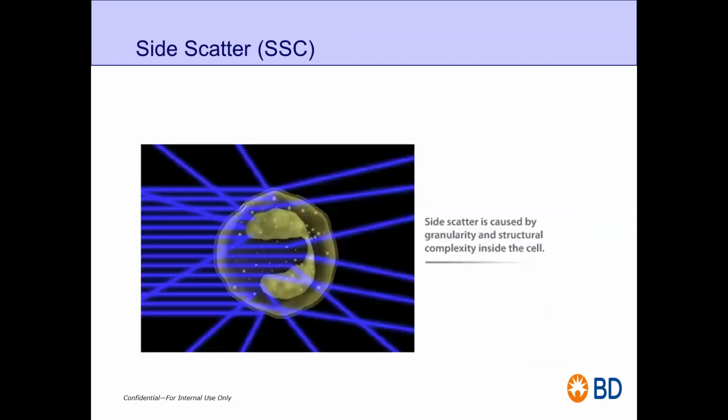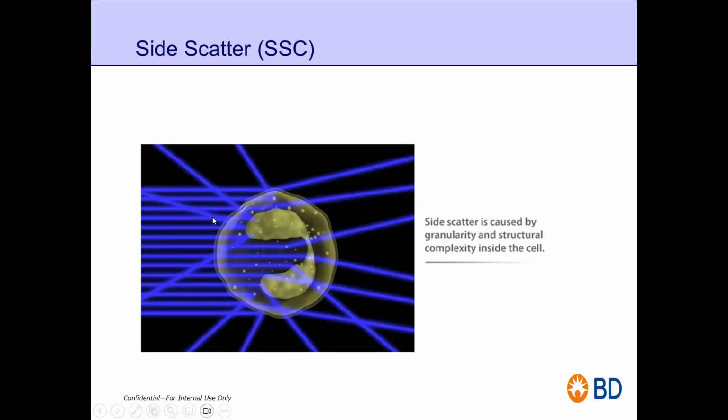Then let's go to the side scatter. Side scatter works on reflection and refraction. It tells you the granularity, as I have mentioned before. If a cell is more granular, or more complex from inside, and has a lot of things inside its cytoplasm, then when light comes and hits, it will either reflect back or refract back because of the change in the medium.